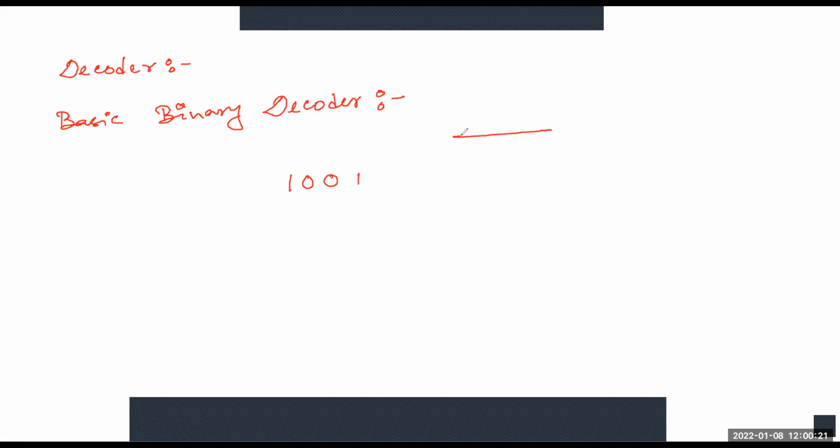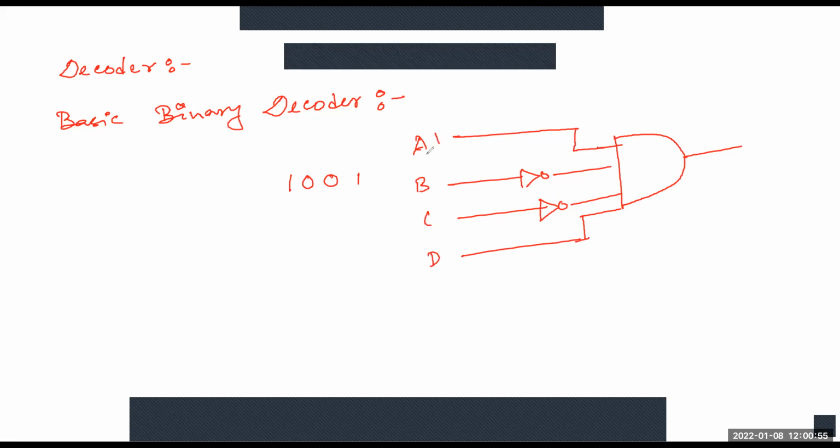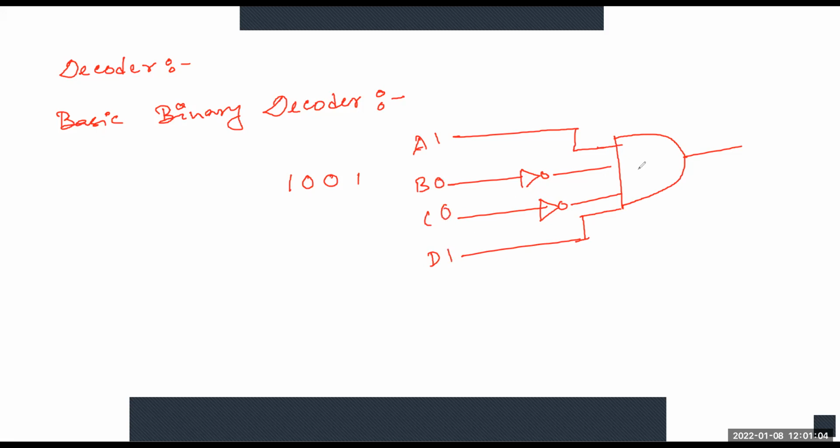Suppose these are A, B, C, and D, with values 1, 0, 0, 1.